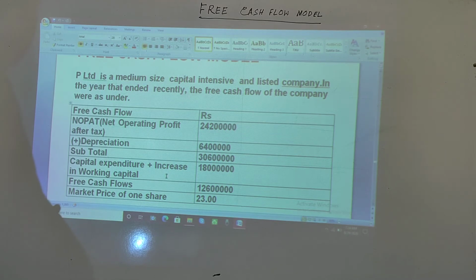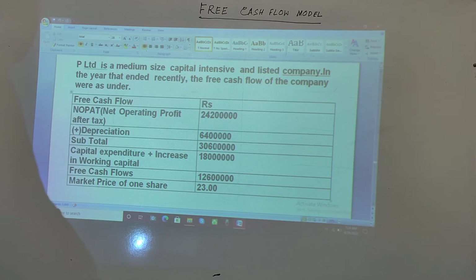Then capital expenditure and increase in working capital is 1,80,000. Then free cash flow: 306 lakh minus 180 lakh, it comes to 126 lakh. Market price for one share is 23.